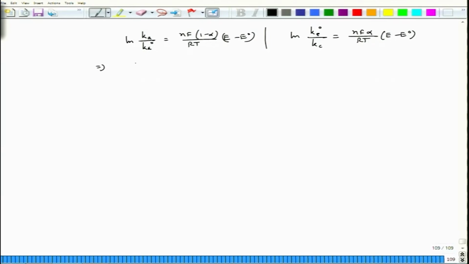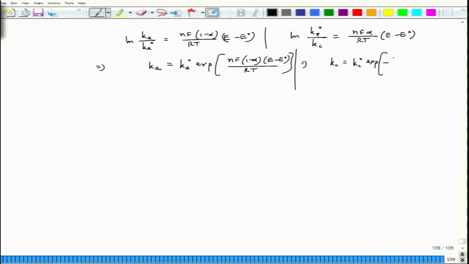Now, I can write it as Ka equal to Ka0 exponential Nf (1 minus alpha) (E minus E0) divided by RT, and here on this side Kc would be equal to Kc0 exponential minus Nf alpha (E minus E0) by RT.